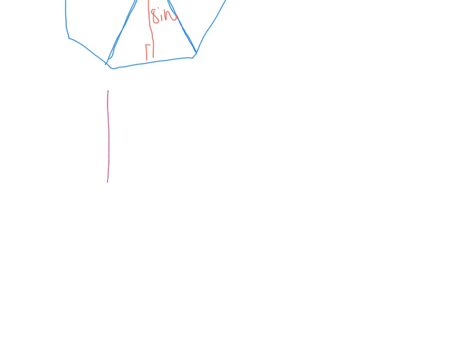So redrawing this right triangle, I have the height is 8, and this top angle is 22.5. What I need is the base, which would be this bottom side. Let's call it x. In order to find x, I have to use that third method, which was trigonometry.